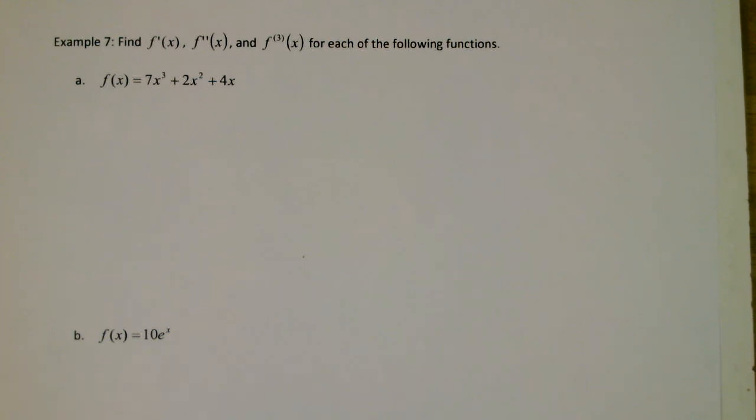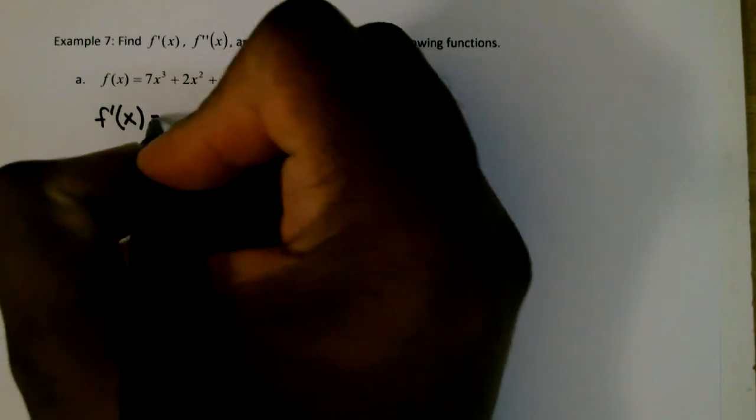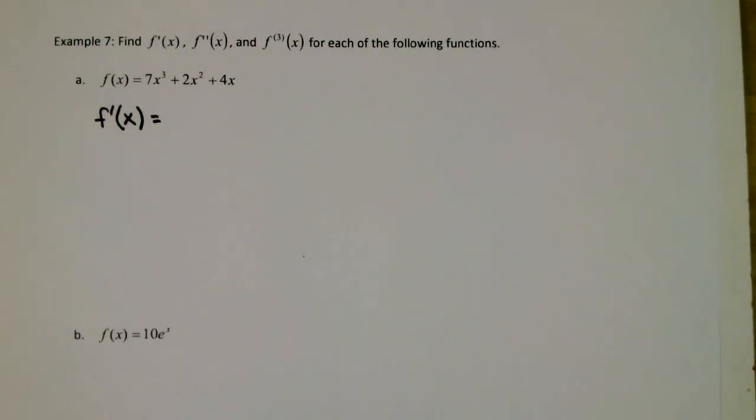In part A, we have f of x equals 7x cubed plus 2x squared plus 4x. We start with the first derivative, because you have to find the first derivative in order to find the second derivative, and the second derivative in order to find the third derivative.